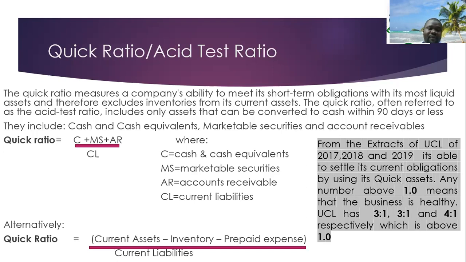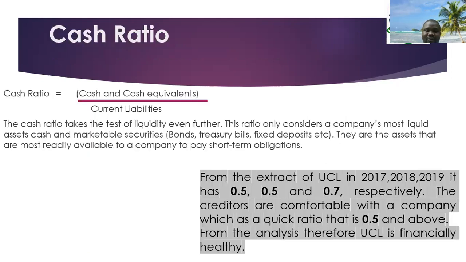It's given by the formula current assets minus inventory minus prepaid expenses. The reason we exclude inventory is because it's not easy to convert inventory into cash so easily. It's also not easy to recall the prepaid expenses that a company had already advanced. So when we are looking at the quick ratio, we exclude those two and only take those that can easily be converted to cash.